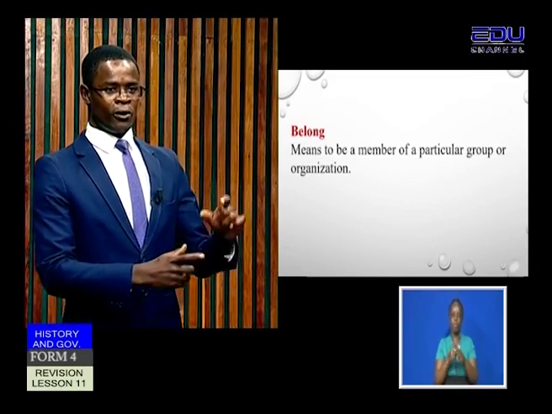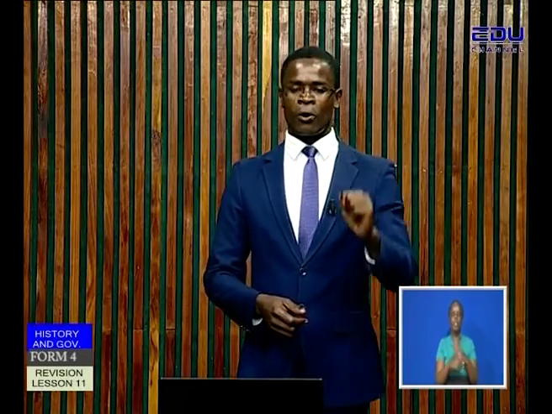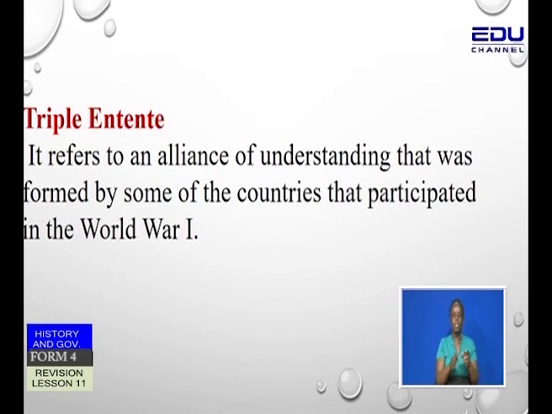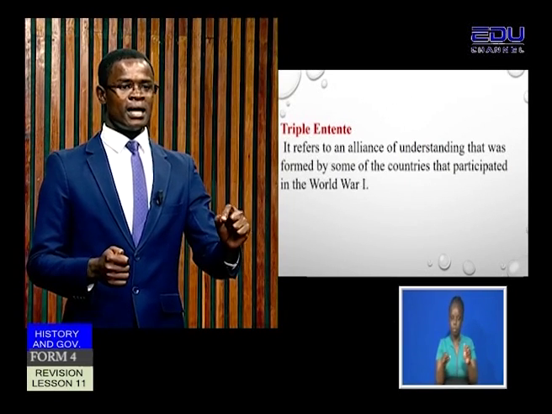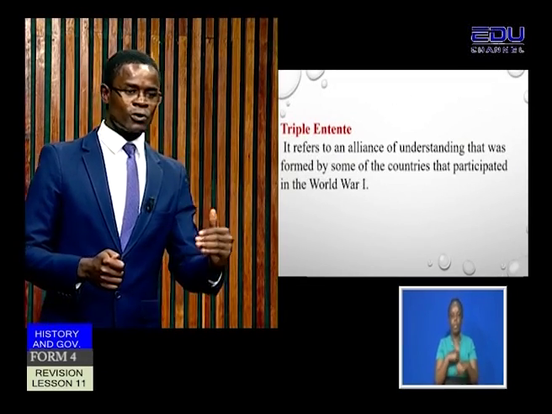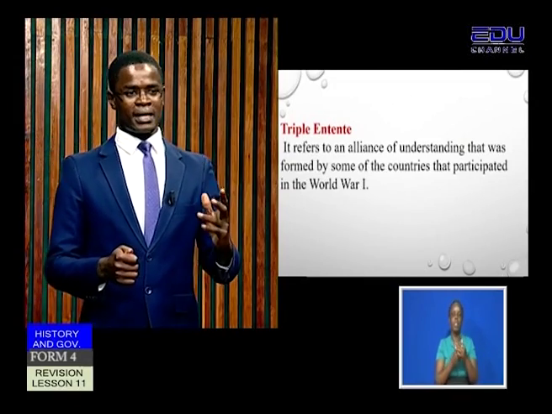that we are calling the Triple Entente. Our next terminology is the term Triple Entente. What is Triple Entente? It refers to an alliance of understanding that was formed by some countries that participated in the First World War or in World War I. Remember that as you understand Triple Entente, we are associating it to the alliances that were formed just before the outbreak of the First and the Second World Wars.